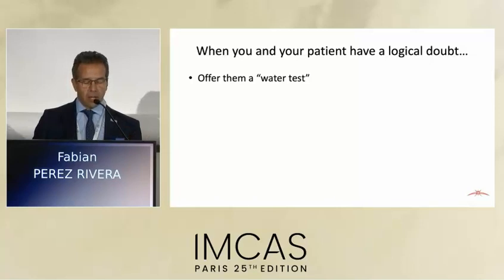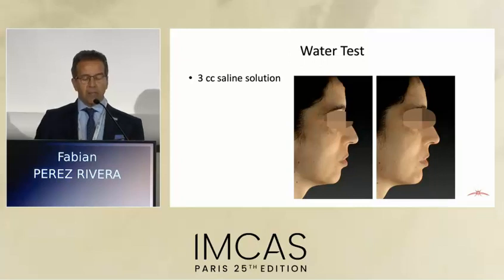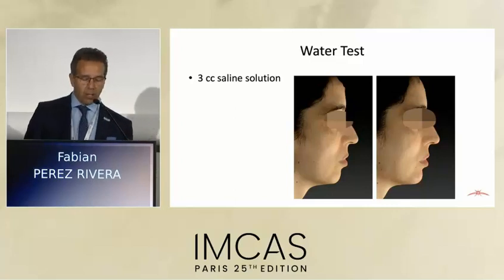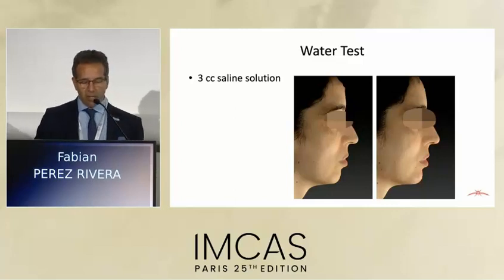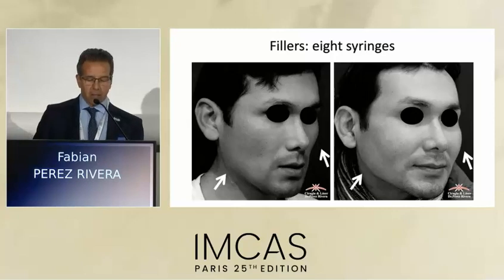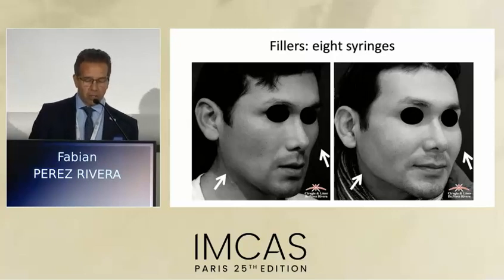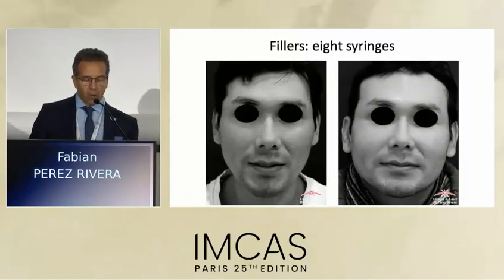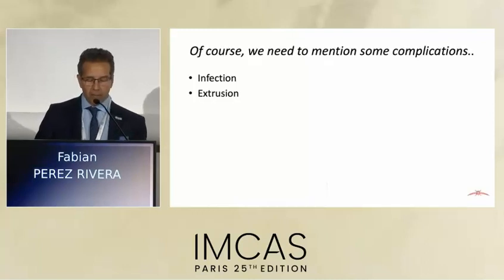It means I use saline solution in my office and take a before and after photo. If the patient agrees with the result, and I agree with the result too, in some cases I avoid a surgical procedure and only give a solution by injection. Just in this case, I use a syringe to obtain this balance in the whole face of the male.